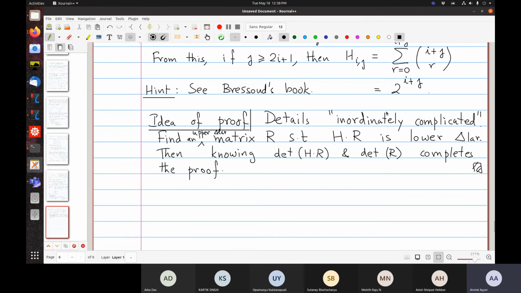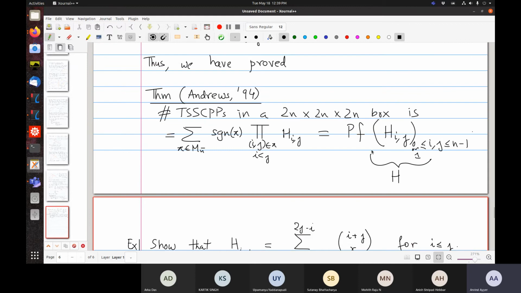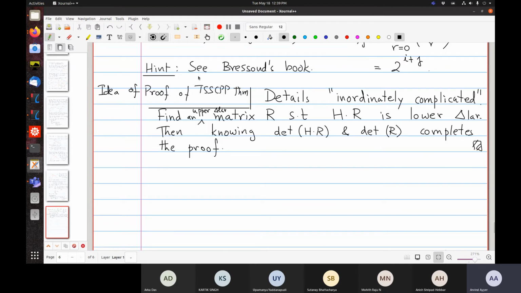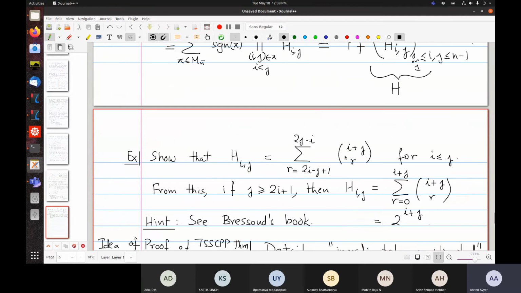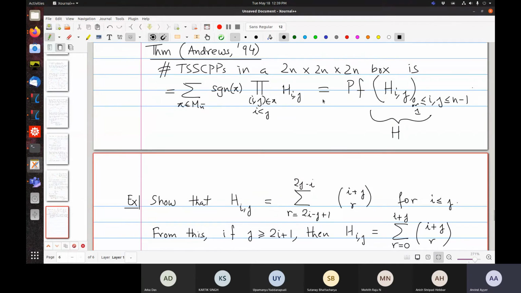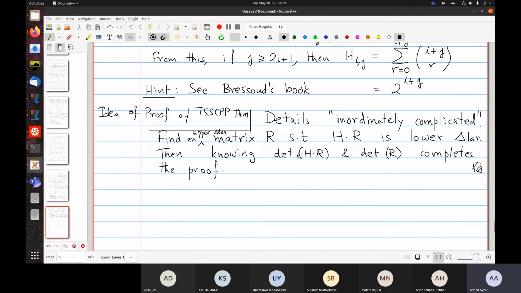Okay, sorry. This is not the idea of this. So this is the proof of the TSSCPP theorem. This is in the same book. So we have proved this part, right? We have proved that it's a Pfaffian. What is left is to evaluate this beast, and this was also in that paper, and as I said, very complicated.